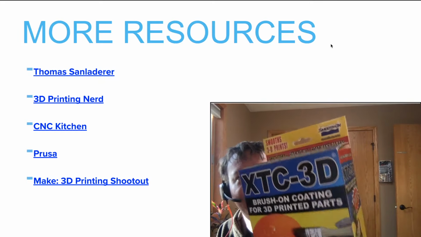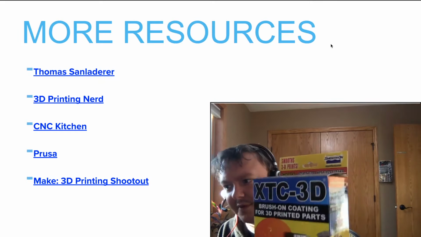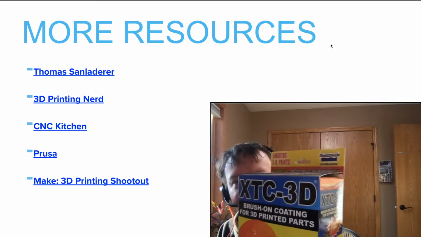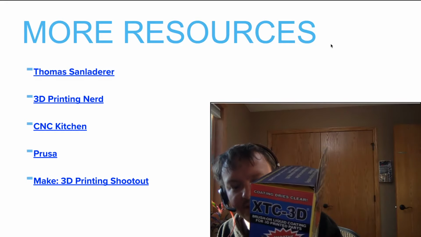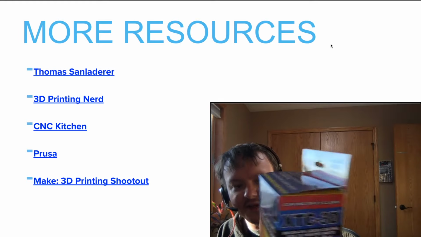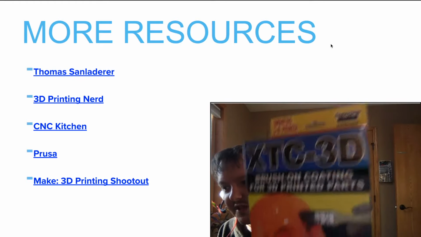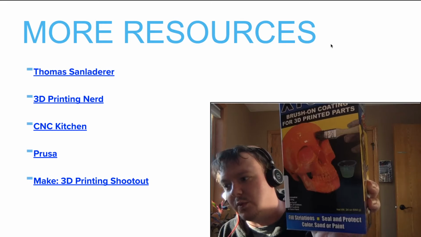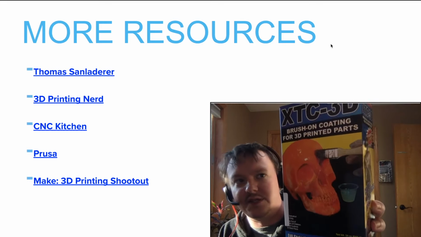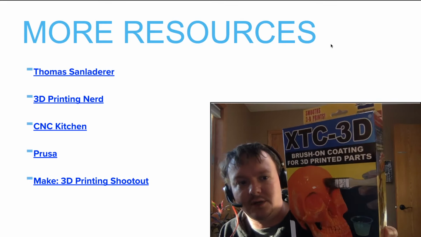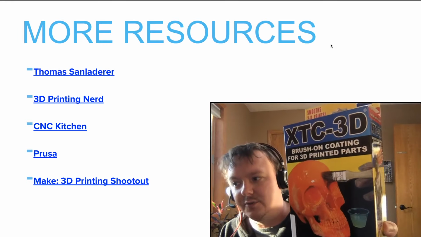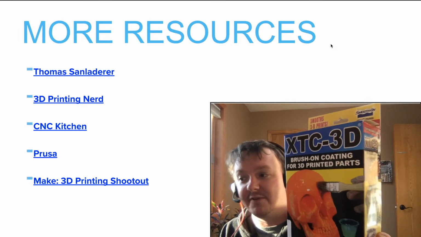This is from Smooth-On. They're one of the biggest epoxy slash resin companies out there, and they came out with this XTC-3D, which is a standard two-part resin that you mix together. It's a very thin resin.